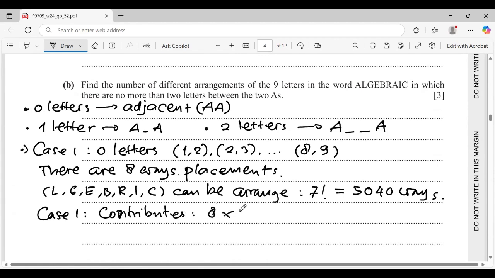So case one contributes 8 times 7 factorial, equal 40,320.